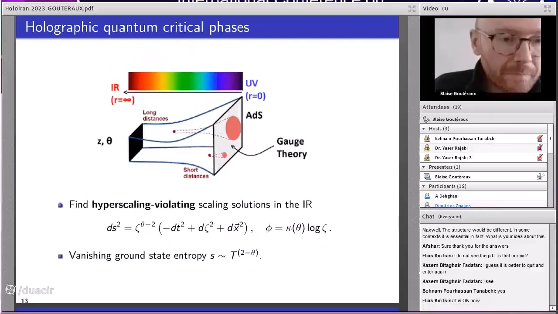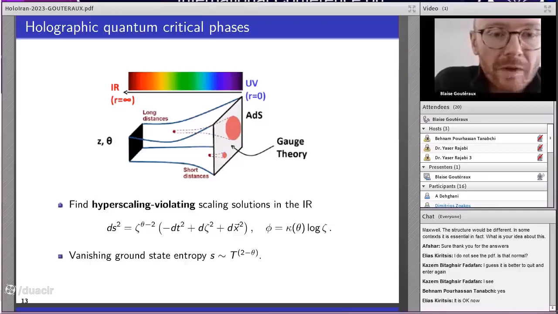Now, when we solve the effective equations in this infrared region where the scalar field is very large, what we find are so-called hyperscaling violating scaling solutions. Those scaling solutions are conformal to AdS spacetimes, and the conformality is controlled by a parameter which I call theta, the hyperscaling violating exponent. So those metrics in the infrared are no longer scale invariant, they're scale covariant.